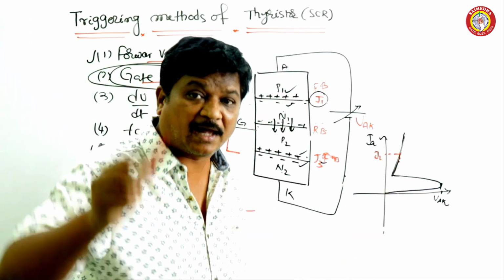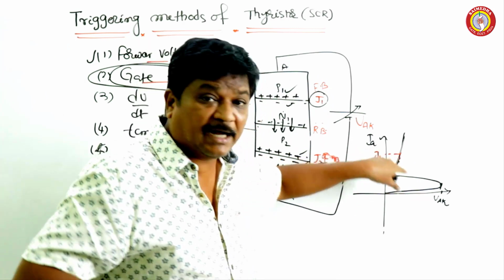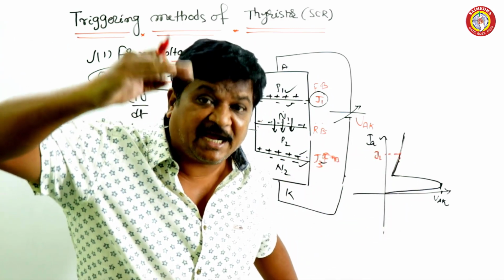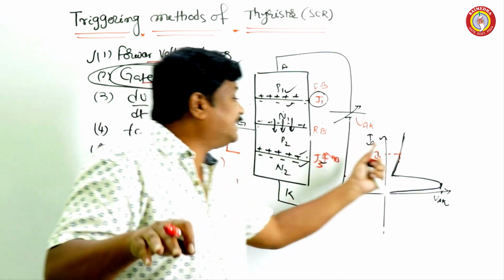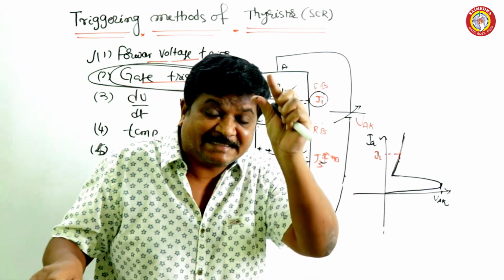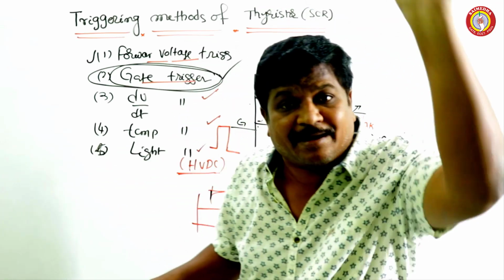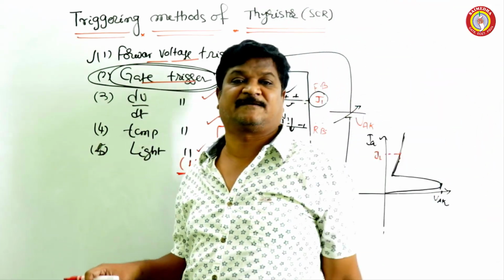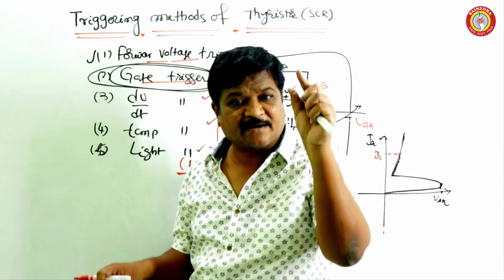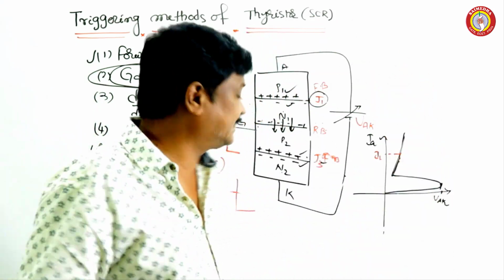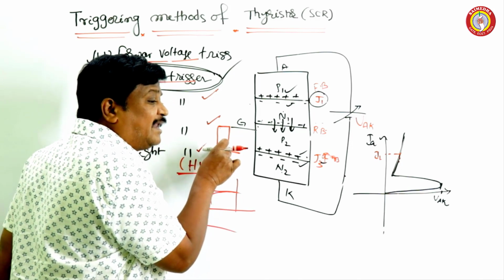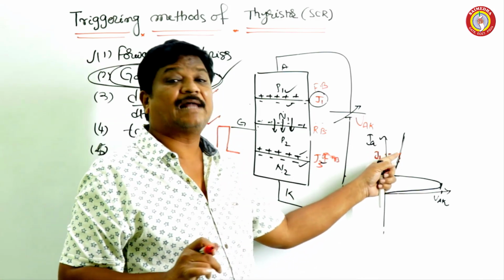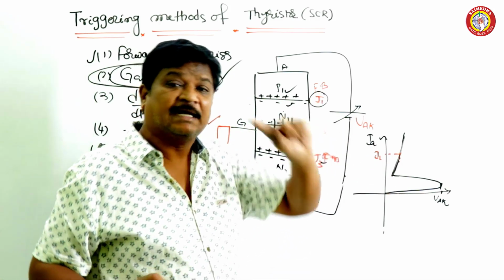Why? Because SCR continues in the conduction state even if the gate pulse is removed after reaching the latching current. That is the reason SCR can be called a latching device. The pulse width must be maintained until the anode current reaches the latching current.